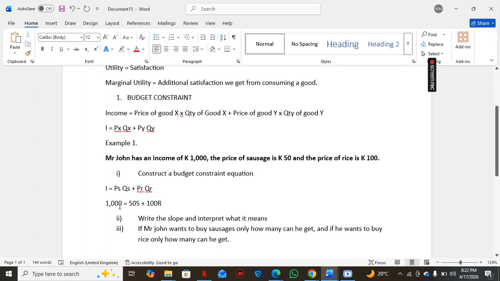So this is the budget constraint equation, colleagues. Are there any questions so far? 1,000 equals 50S plus 100R, or if you want, you can leave it as 50 QS plus 100 QR.